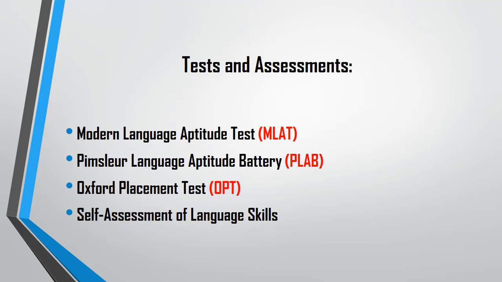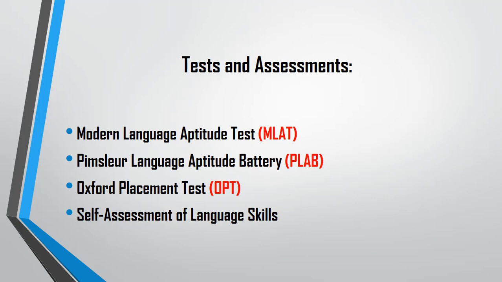The Modern Language Aptitude Test is a standardized test designed to measure an individual's aptitude for learning a foreign language. It assesses various components like grammar, phonology, and ability to infer grammatical rules.